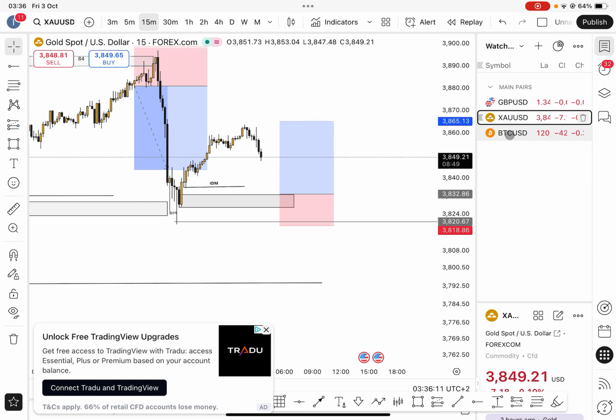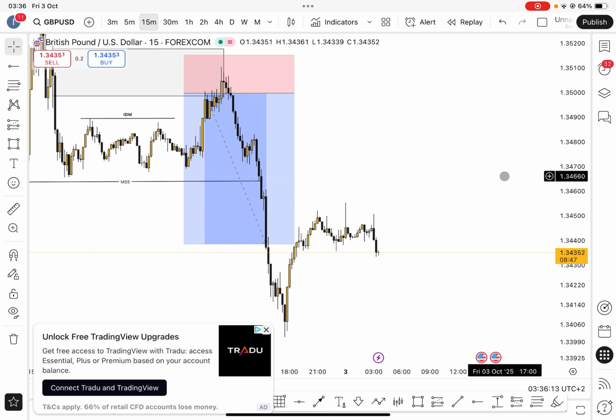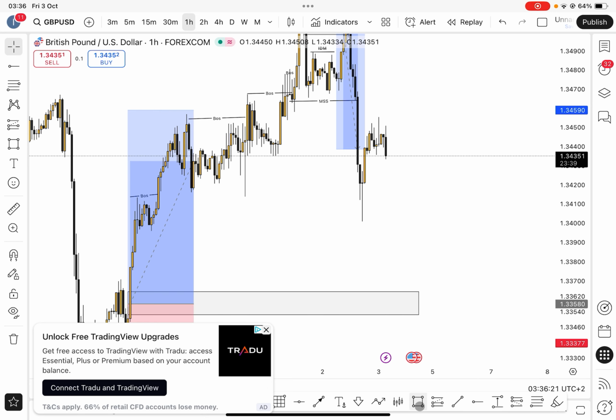Let's quickly go to GBPUSD. Same scenario, because these are continuation trends. If this market plays out, this is what I'll be watching out for. 30 minutes refine.